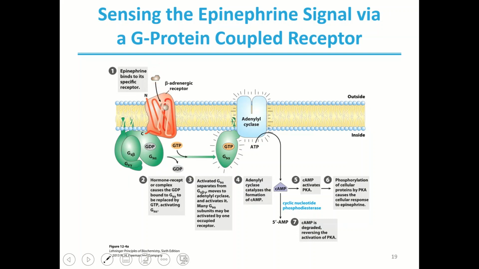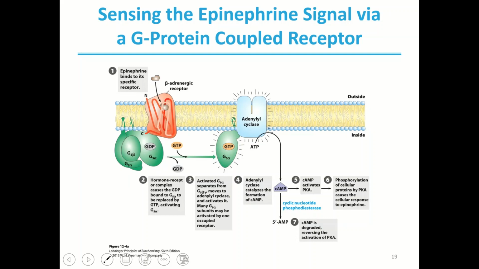Okay, that epinephrine binds. Okay, what that does is it causes the GDP that's bound in our alpha subunit, G S alpha, to be released. So G alpha will release GDP and it will bind GTP.